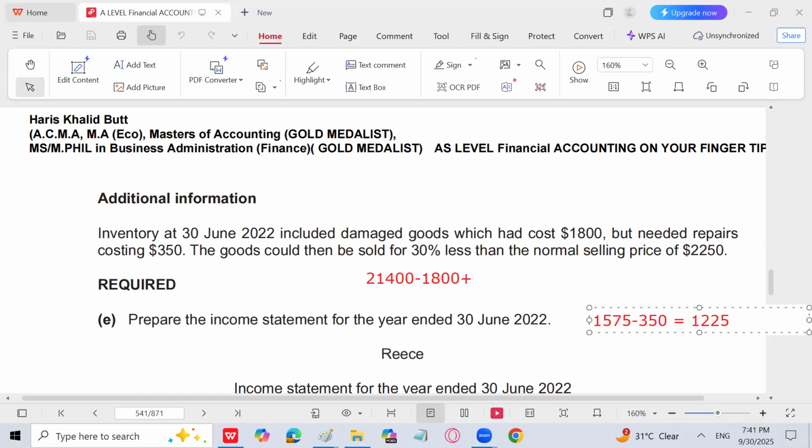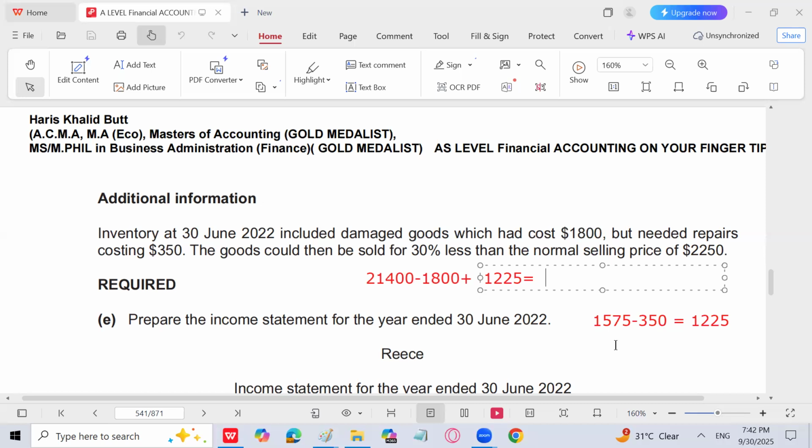So we should have recorded the inventory at 1225 rather than 1800. So minus 1800 plus 1225 will give the correct value of inventory. What is it now? 1800 is added in 21400. We have to subtract it. Why? Because it should not be recorded at cost. It should be recorded at cost or NRV, whichever is less. So what is the NRV? 30% less than the normal selling price. 2250 less 30% comes to 1575.